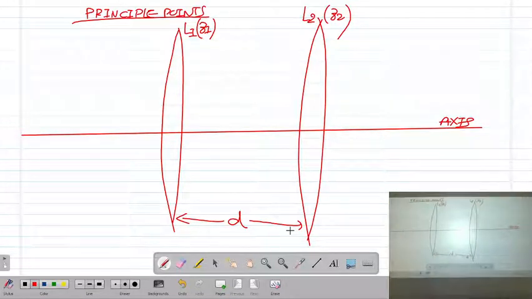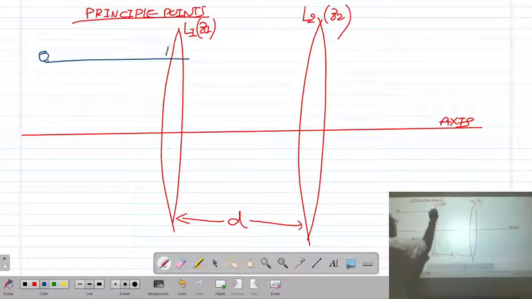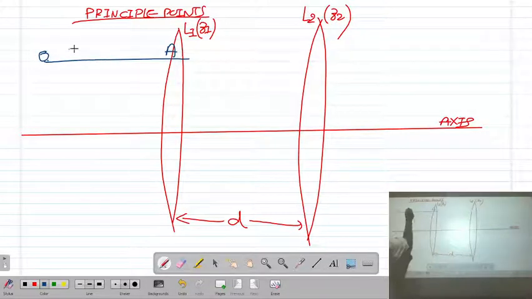Now, in order to define the first principal point and second principal point, I consider one ray of light OA traveling parallel to the axis. This is the incident ray.